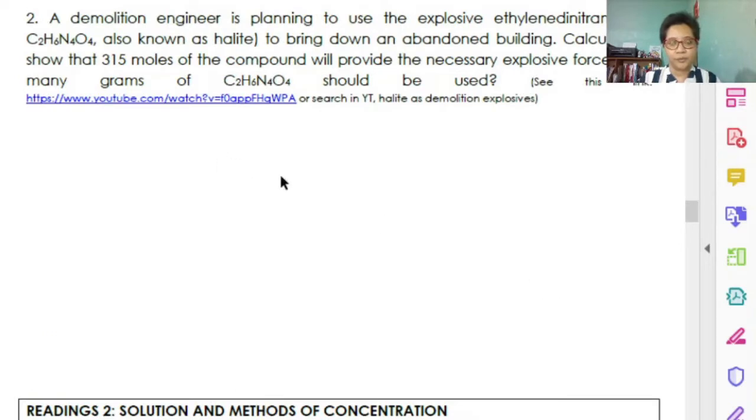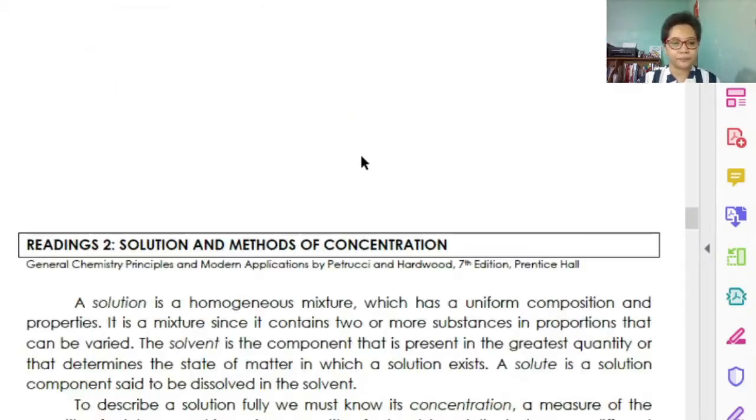In problem number 2, you may check this link or you may just search in YouTube these terms highlighted as demolition explosives for you to have a visual representation of this problem.